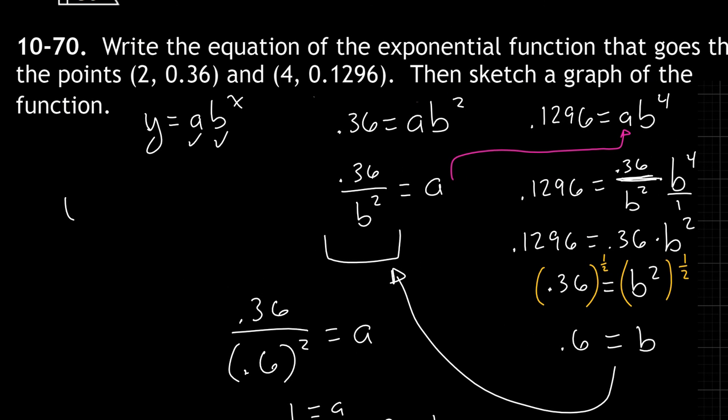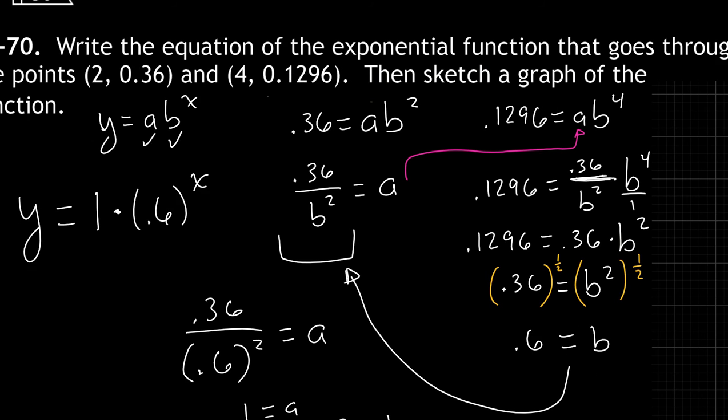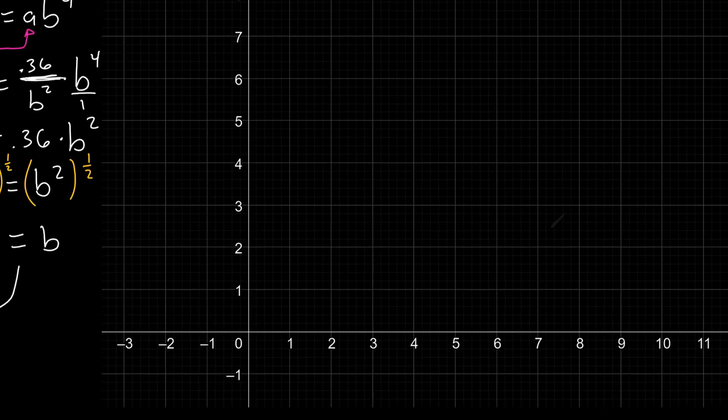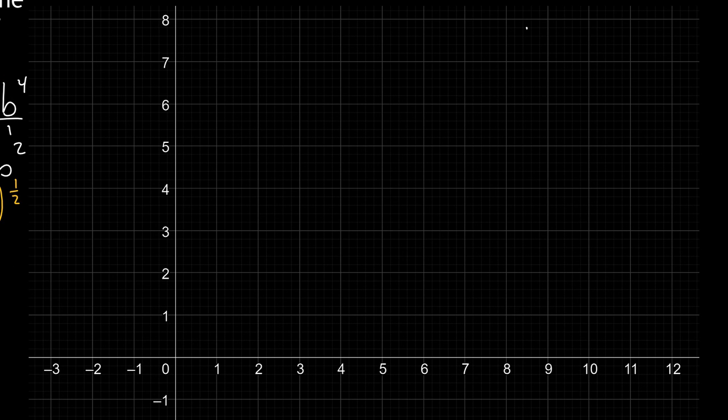The equation is y is equal to 1 times 0.6 to the x power. So I think I can graph this then. Let's come over here to this little piece of graph paper. Let me rewrite that. Y is equal to 1 times 0.6 to the x power.